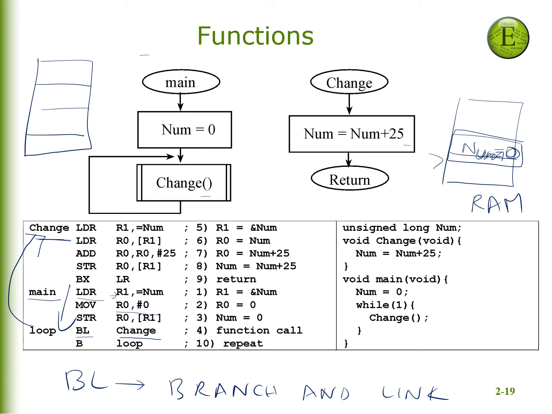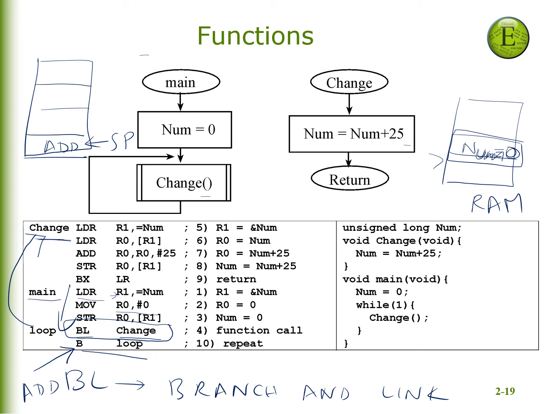So what is the address of this instruction? This one. After executing the change routine, we are going to come back over here. So it must have some address, and that address is going to be stored on the stack.